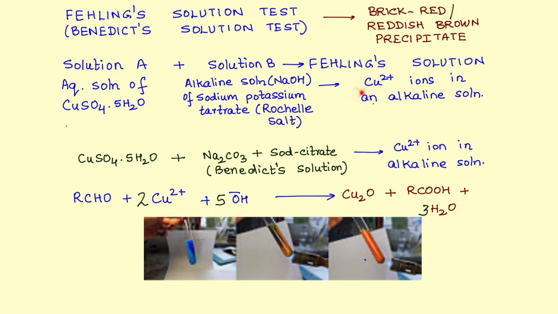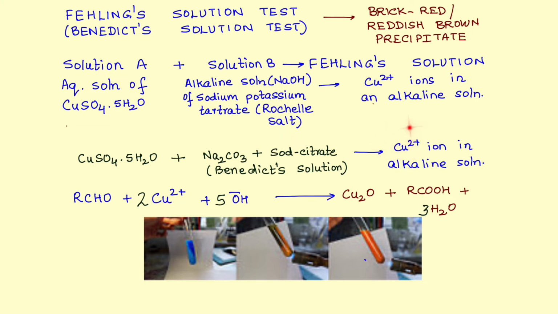Now when I say Benedict solution, my solution A still remains the same. Instead of sodium potassium tartrate, I am taking sodium citrate here. That gives me Benedict solution. So sodium carbonate, sodium citrate and hydrated copper sulfate solution again gives me copper ions in an alkaline solution.